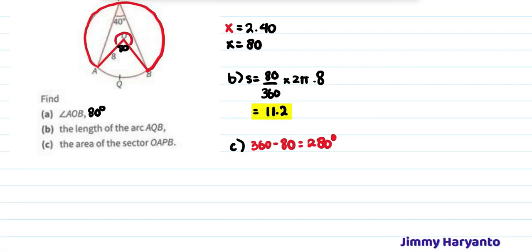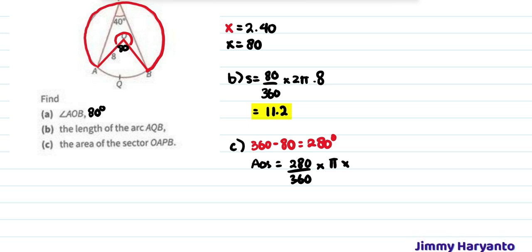And then you can use the area of sector, theta over 360 times pi times r squared. The answer is 156.4, but in 3 significant figures it will be 156 centimeter square.